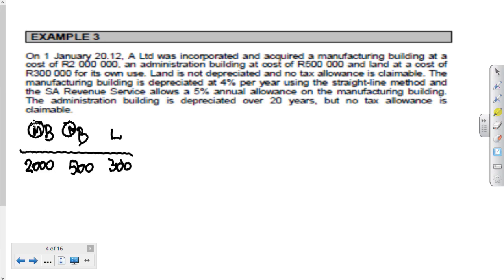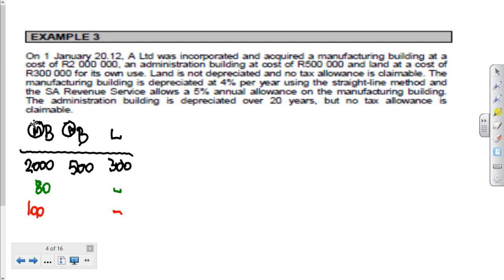What's 4% on 2 million? 80. Do you agree? SARS allows 5%, so their deduction is 100. Yeah? For land, SARS doesn't give an allowance, and neither do we. We don't depreciate land.